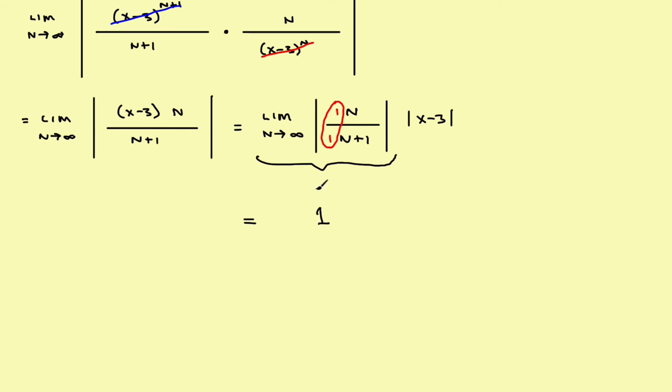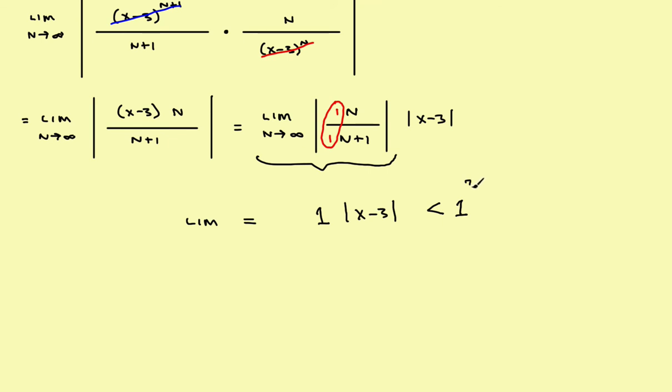So the limit, as n goes to infinity, of this expression becomes a 1. But you've still got this absolute value of x minus 3. So at this point now, you have found the limit. The limit is equal to this. Now remember, from the ratio test, what you want to know is where is this limit less than 1? So we'll always check it against and see, is it less than 1?